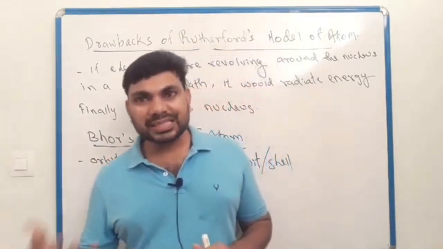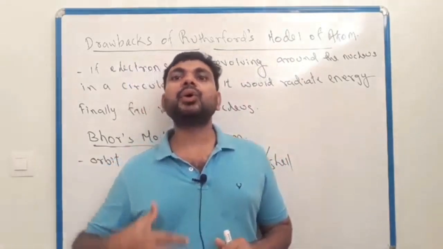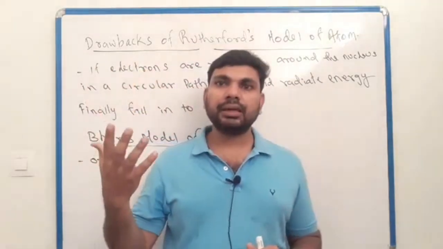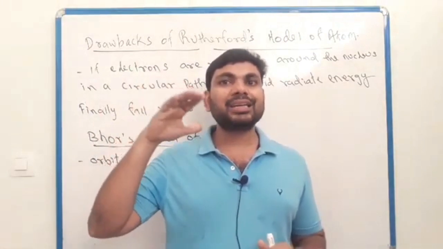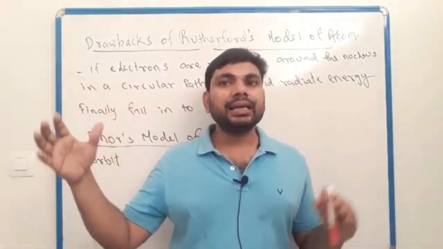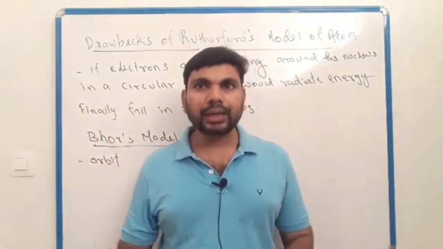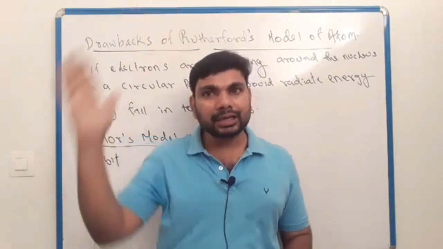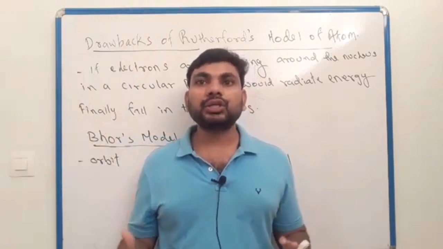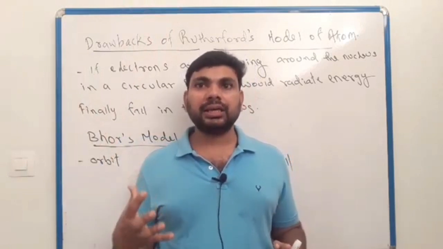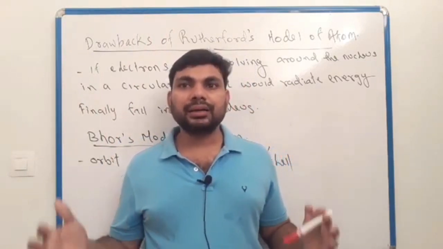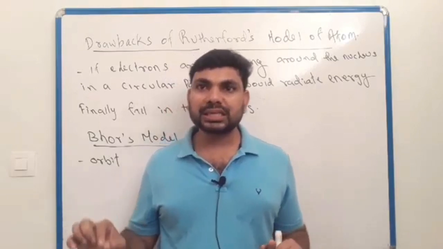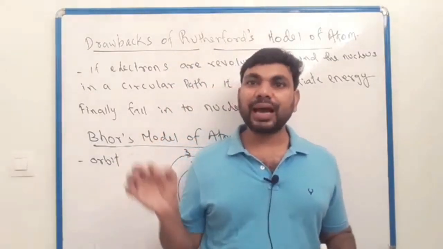When electrons receive energy, they go to a higher energy level. In a higher energy level, if an electron loses energy, it comes back to a lower energy level. Electrons can go to higher and lower energy levels according to their energy. So these are the different points we have to discuss about the structure of atom.